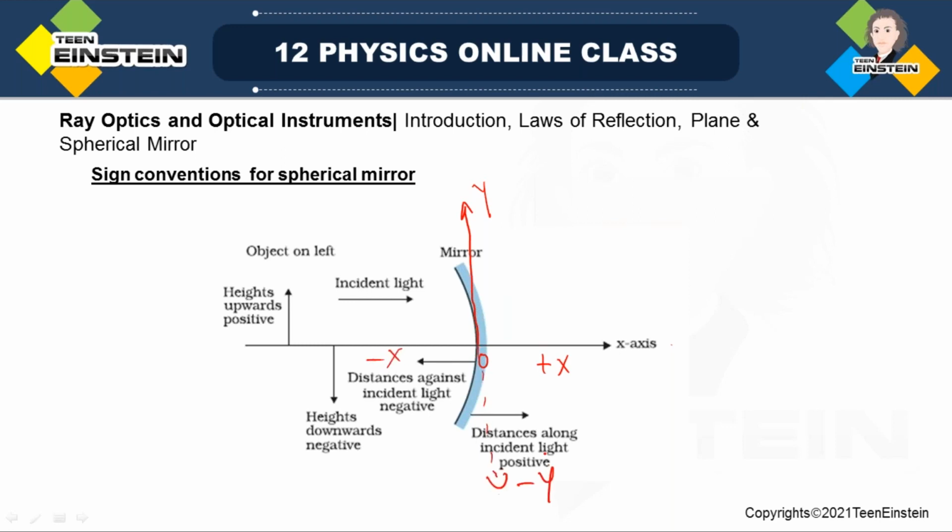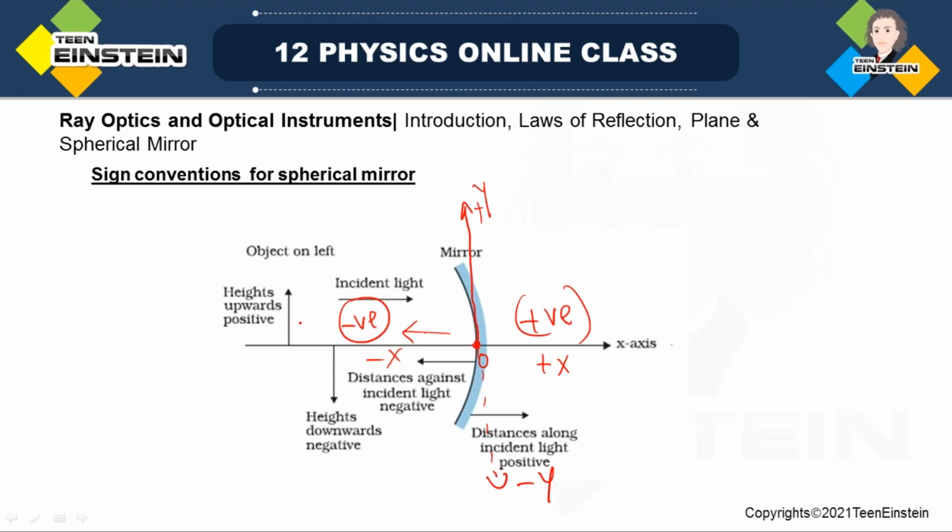Similarly, this is the negative y-axis and this is the positive y-axis. So whatever distances you measure on the right hand side of the pole will be positive, and whatever distances you measure on the left hand side from the pole will be negative.